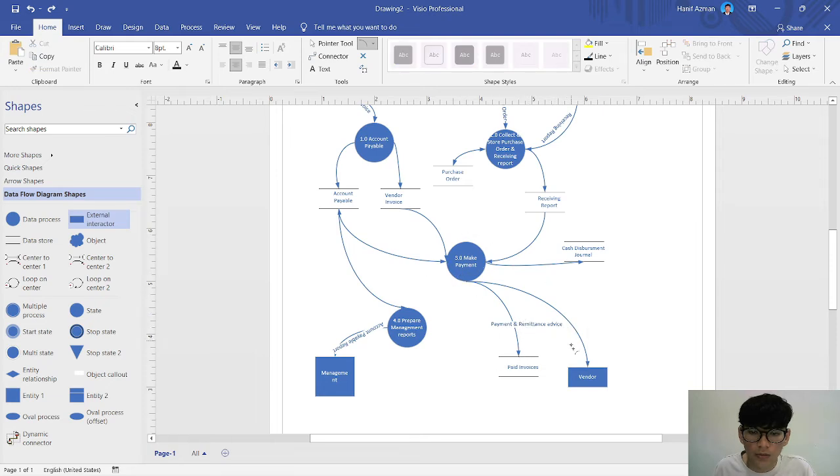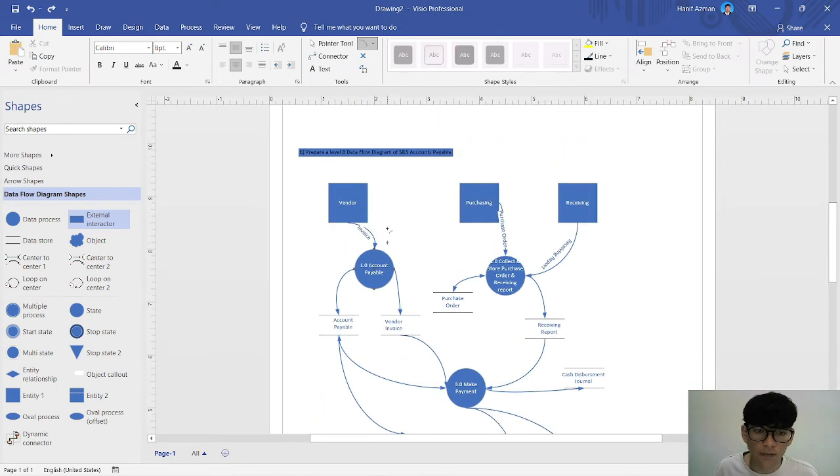Payment and remittance advice should be here. Make payment, we send payment and remittance advice to vendor. And that's all for the question B.